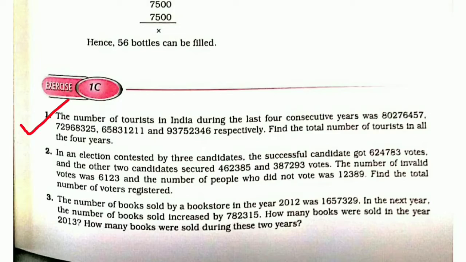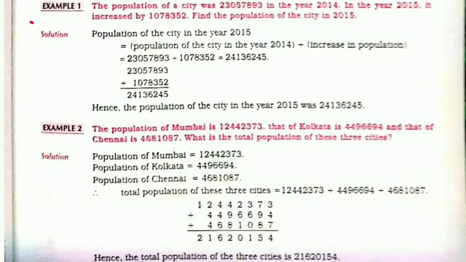Here, as you can see in example number 1, the population of a city was 2,30,57,893 in the year 2014. Means the population of 1 year is given, and then he is saying that in the year 2015 it is increased by 10,78,352. Whenever language like this is given, that something is increased by some number, then we always add both the numbers.